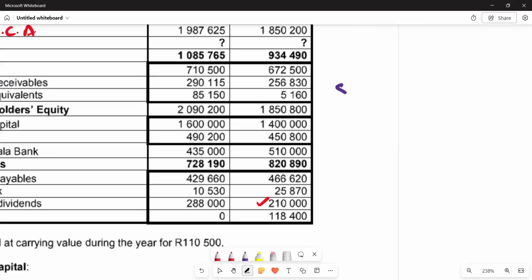So we say 85,150, and then we subtract the opening balance.